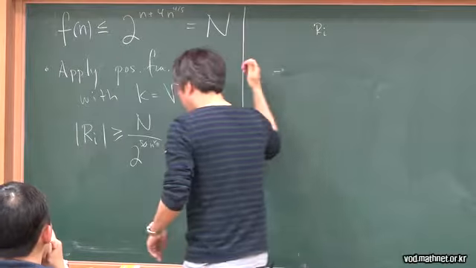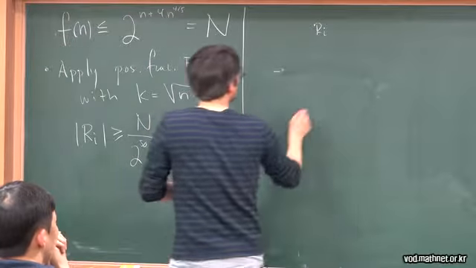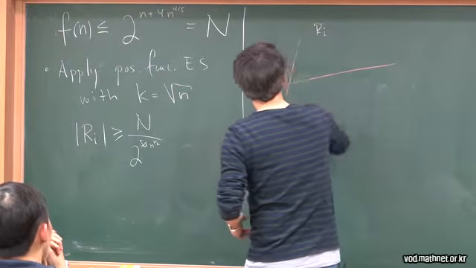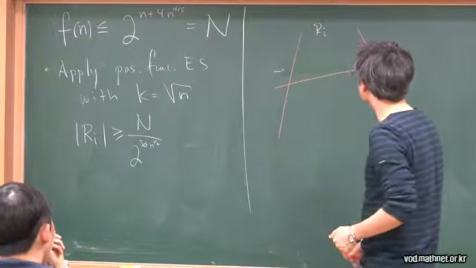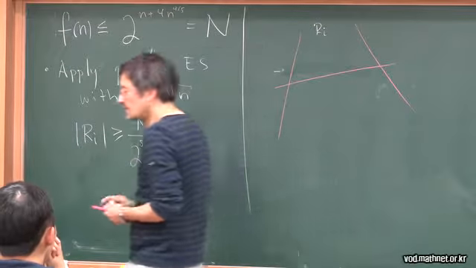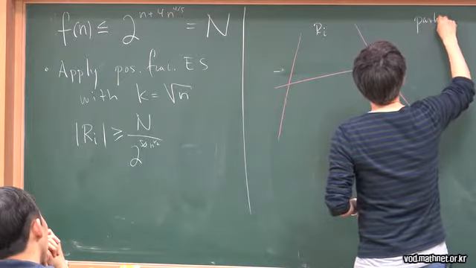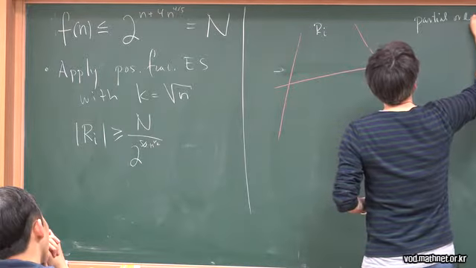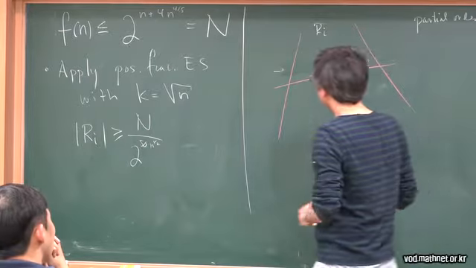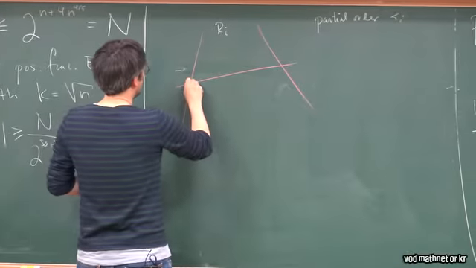Now inside each region, so here is a region, Ri. I'll draw them in red so you can compare with the picture over there. There's a line, and it has these boundaries like this. That's what a region looks like. Now inside each region you make a partial order. The way you do that is as follows.